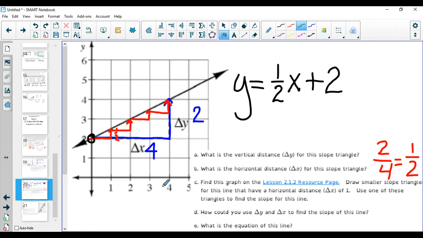Let's say I put in the number 2 for x. 1/2 times 2 is 1, plus 2. 1 plus 2 is equal to 3. And when x is 2, y is 3. So our equation worked.